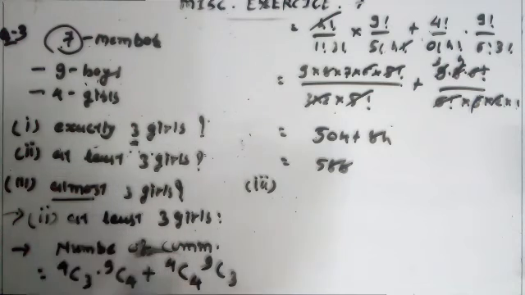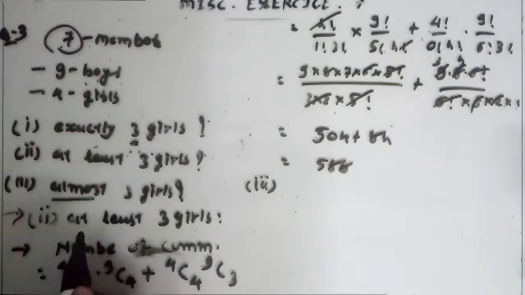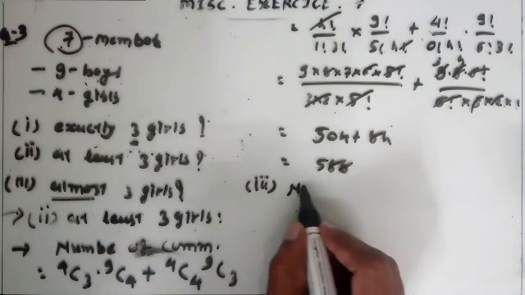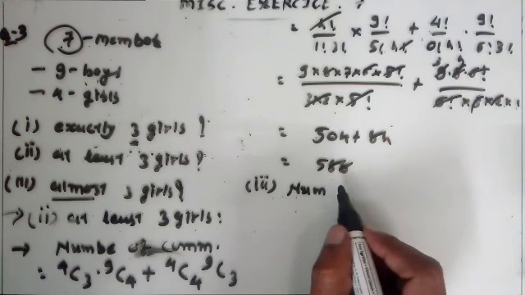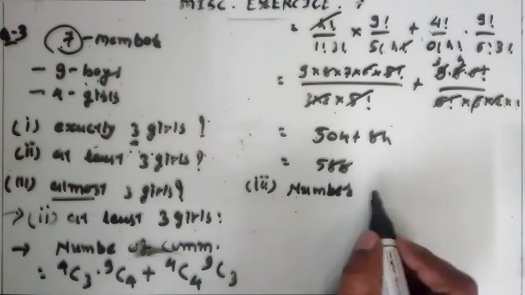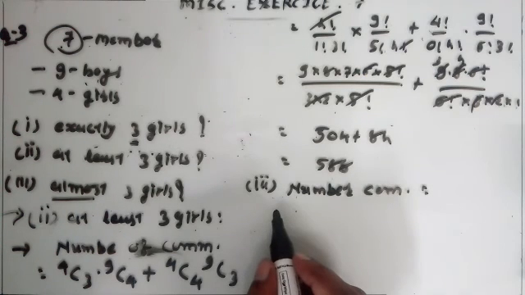Now the third: at most 3 girls, at most 3 girls, that is the number of committees is equal to at most 3 girls.